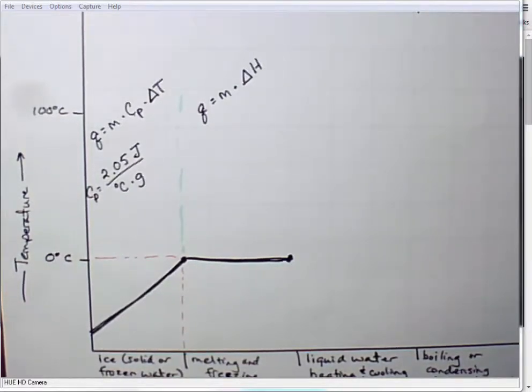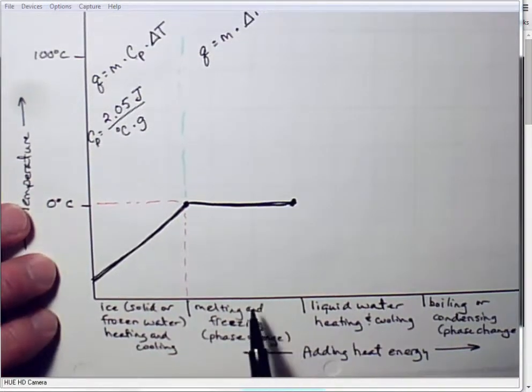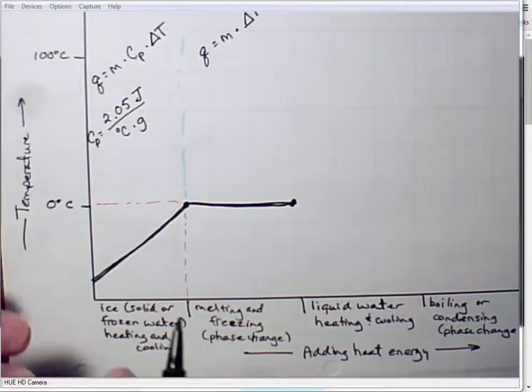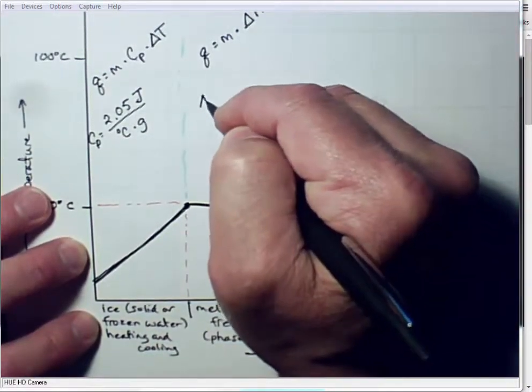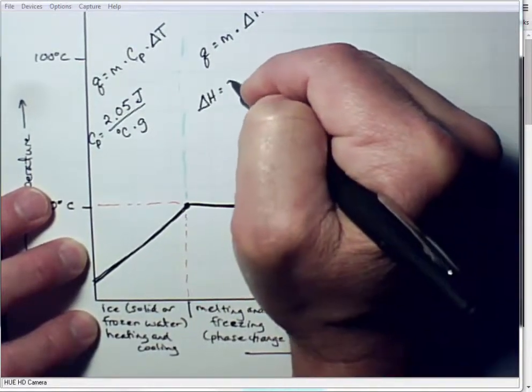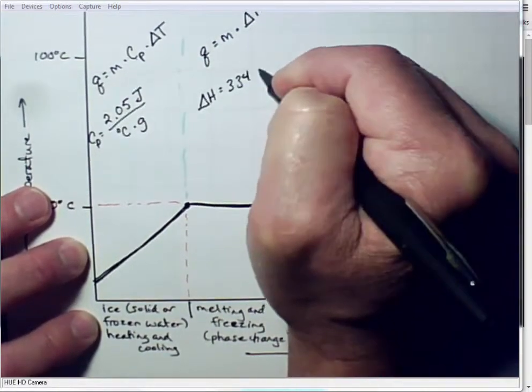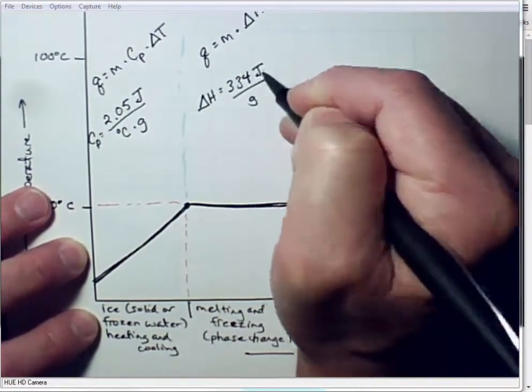Okay? Now, there is a value for that delta H. And while we're melting ice, or while we're freezing ice, the enthalpy of that process is 334. So let's say that's delta H. The change in delta H is going to be 334 joules per gram.